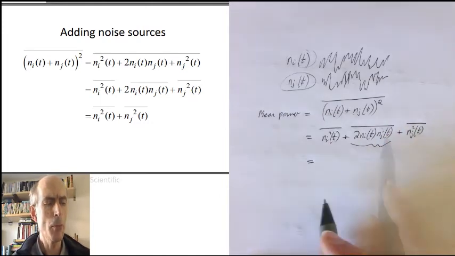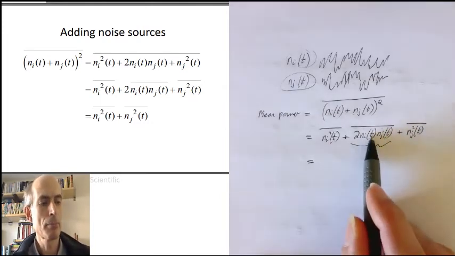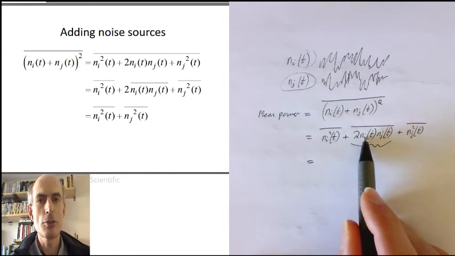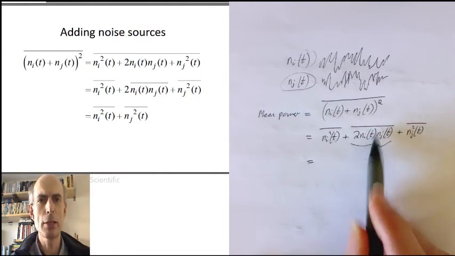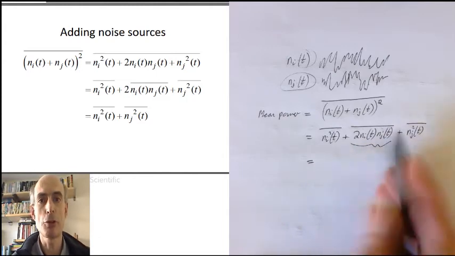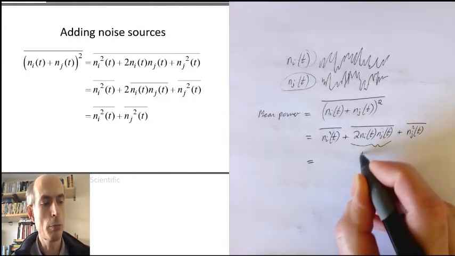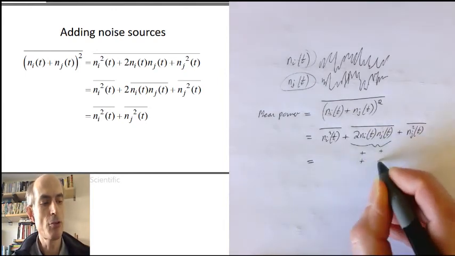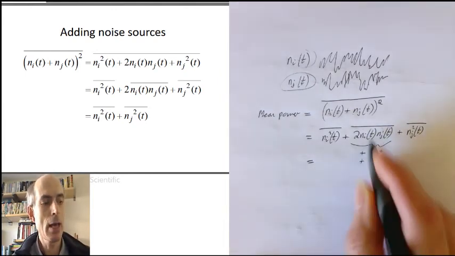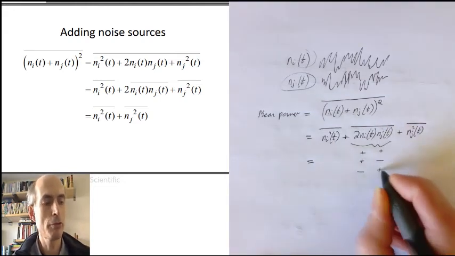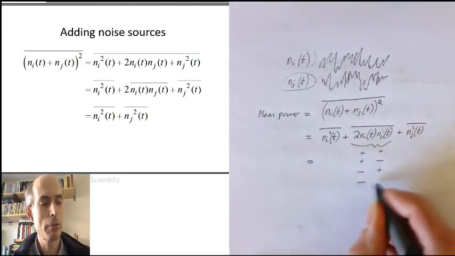Why is it 0? Well, Ni of t and Nj of t are independently varying noise waveforms. They are each positive half the time and negative half the time. So, in terms of whether they're positive or negative, they could both be positive. Ni of t could be positive when Nj of t is negative. Ni of t could be negative when Nj of t is positive, or they could both be negative.